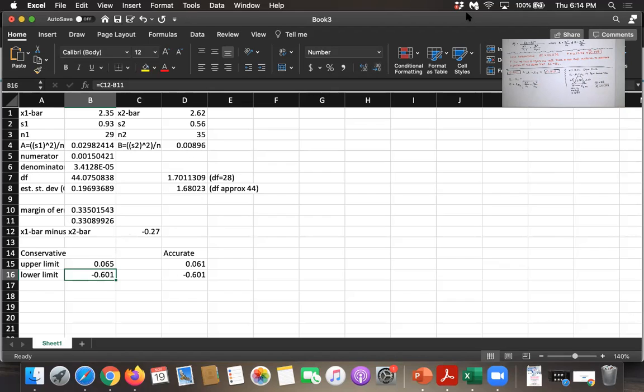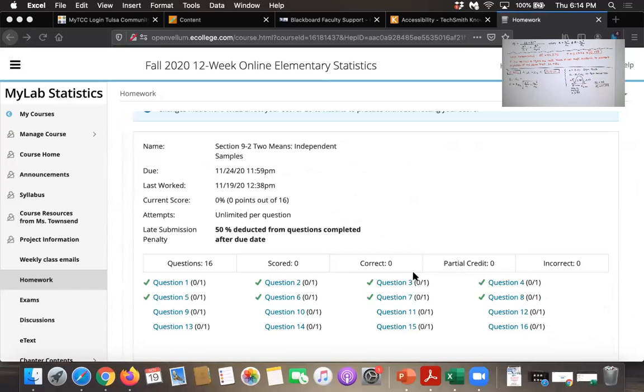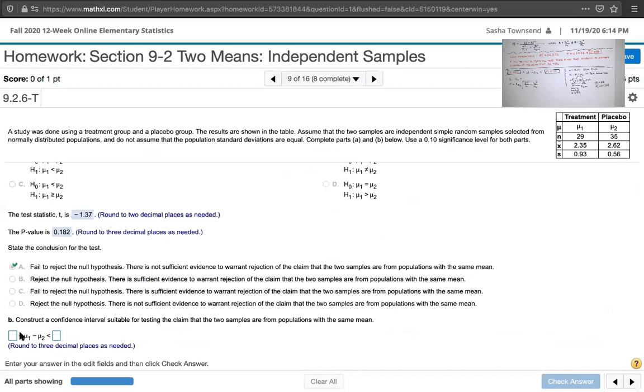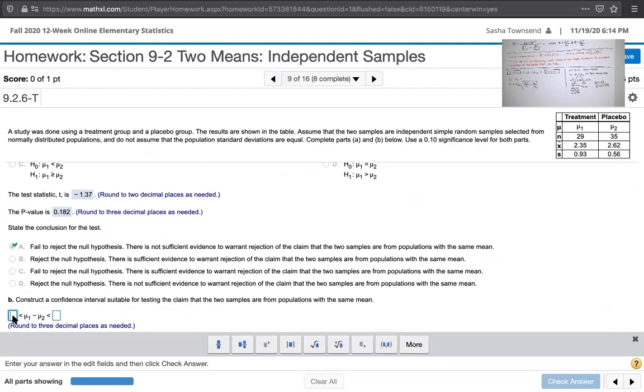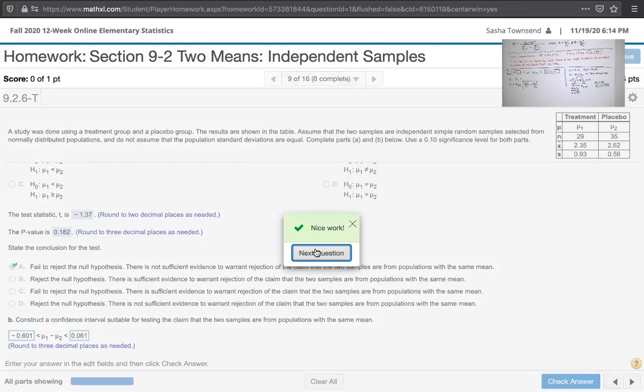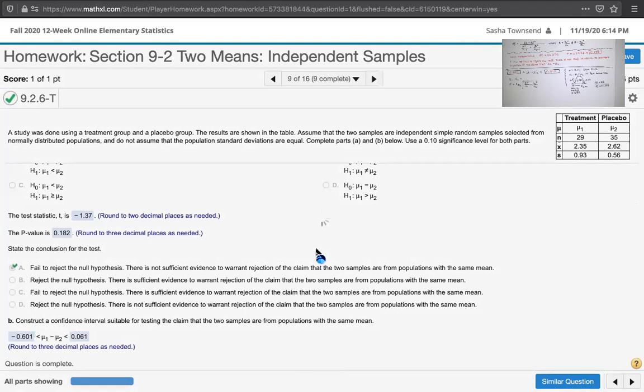And I bet it'll like it just fine. So I have negative 0.601 as my lower limit, and positive 0.061 as my upper limit. And they like that. Great.